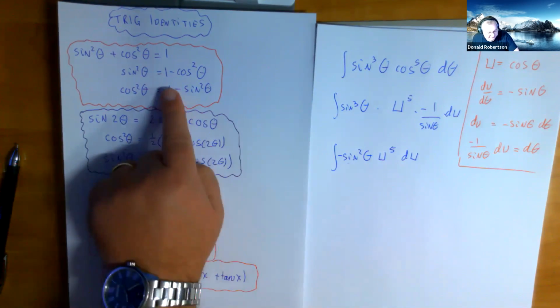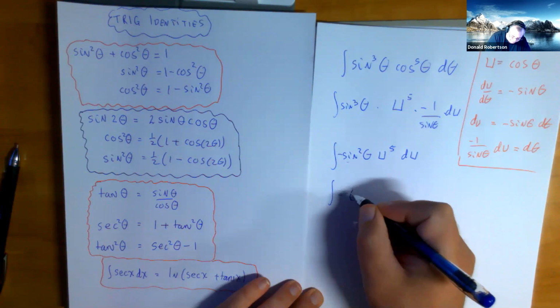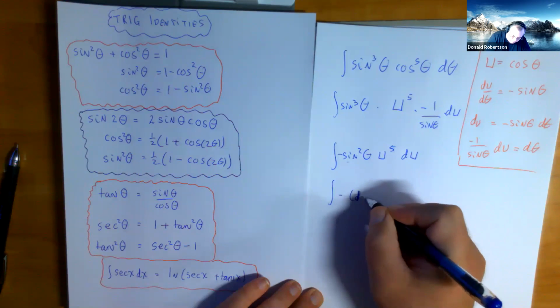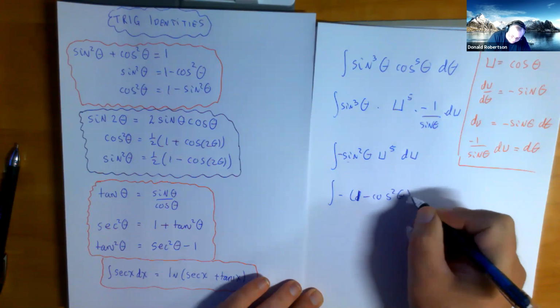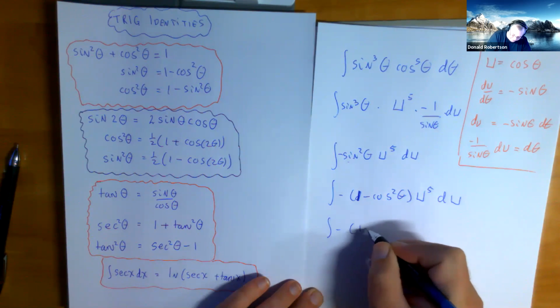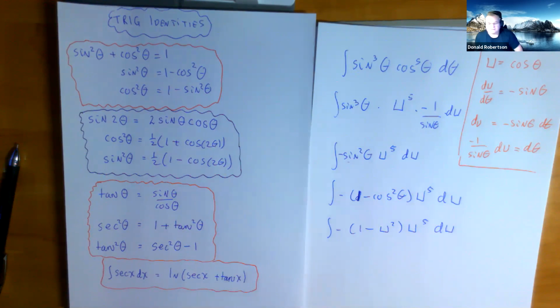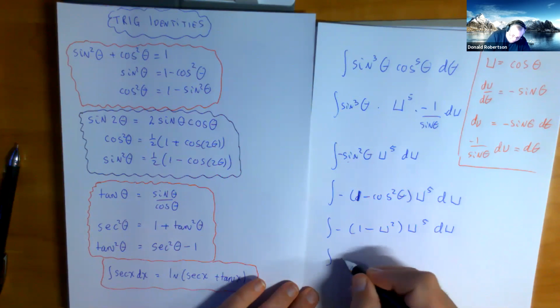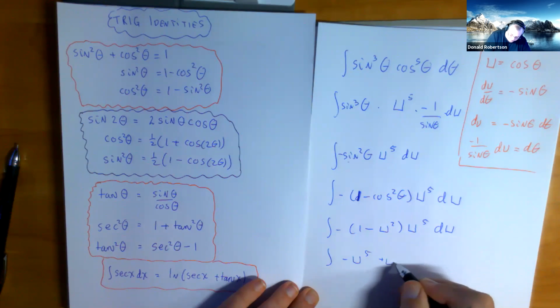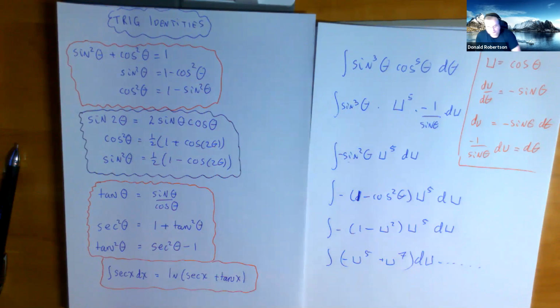I'm going to turn that guy into this fella. There we go. Which means that fella. Can you see why that is going to work better? Because now everything is in terms of cosine. And then distribute. And then do all the usual stuff.